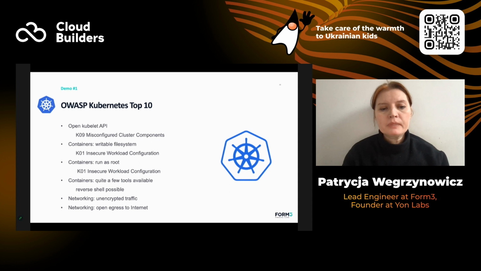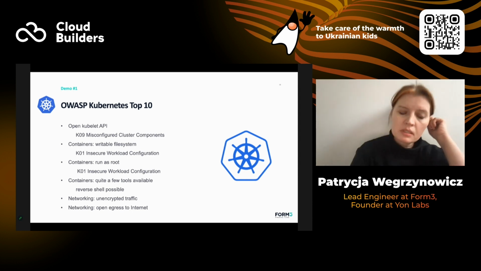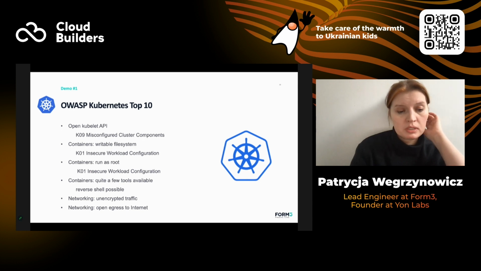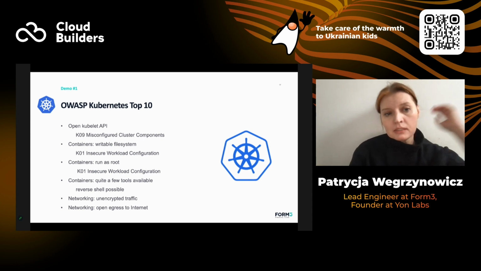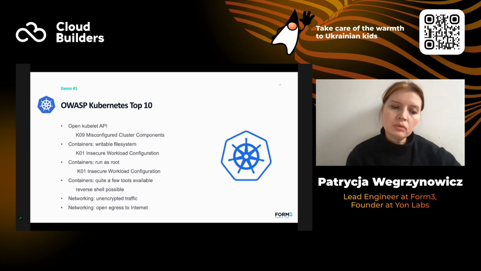That would be very dangerous. Another thing was that quite a few tools were available, so a reverse shell was possible because nc, netcat, was installed. Another set of problems relates to networking.